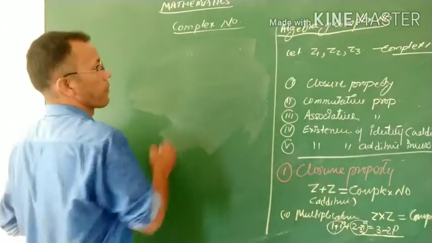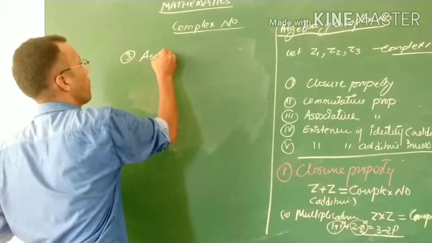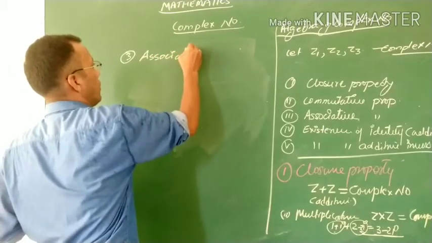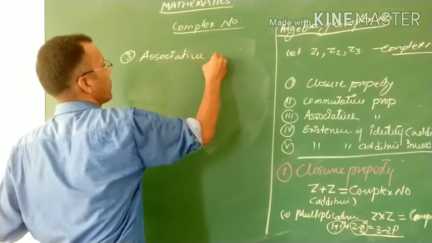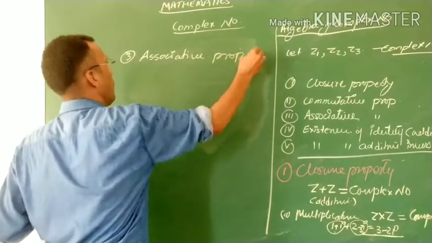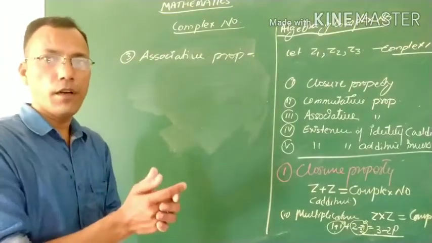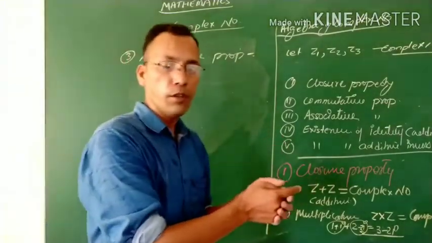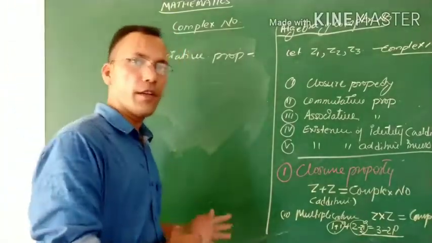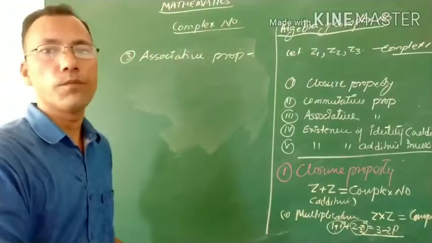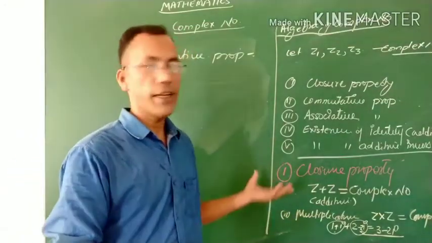The third one is the associative property. That is just like associations. If two friends are friends to a third one, then all three are friends. First two friends are friends to the third one, or the third one is friends to the second one.